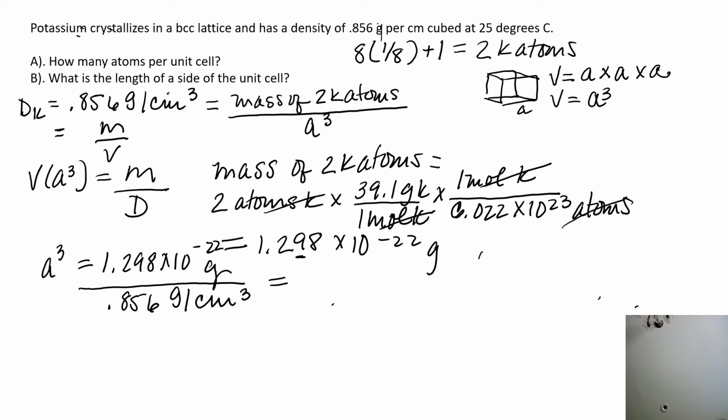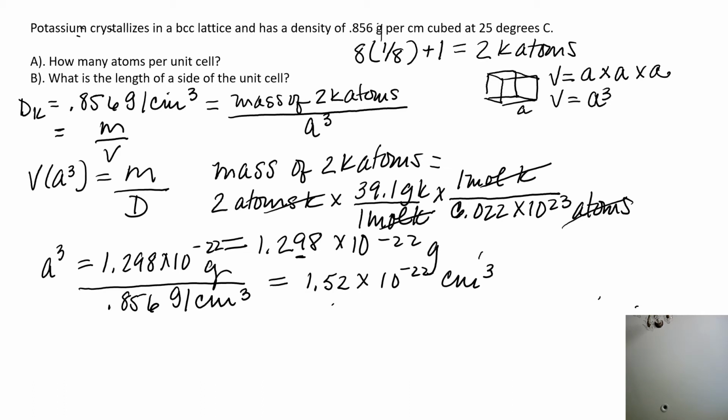And so A cubed equals 1.52 times 10 to the negative 22 centimeters cubed.